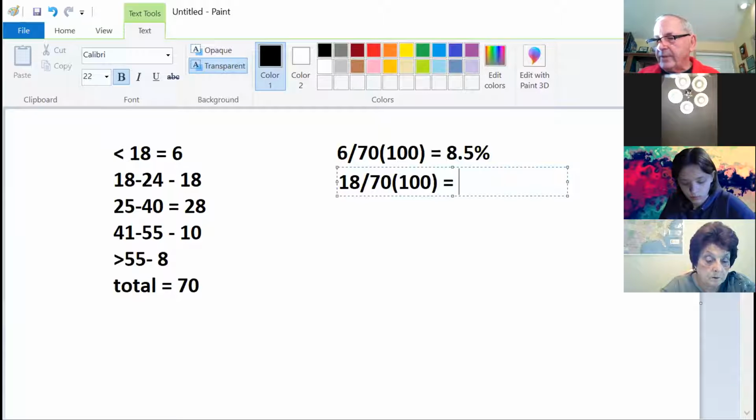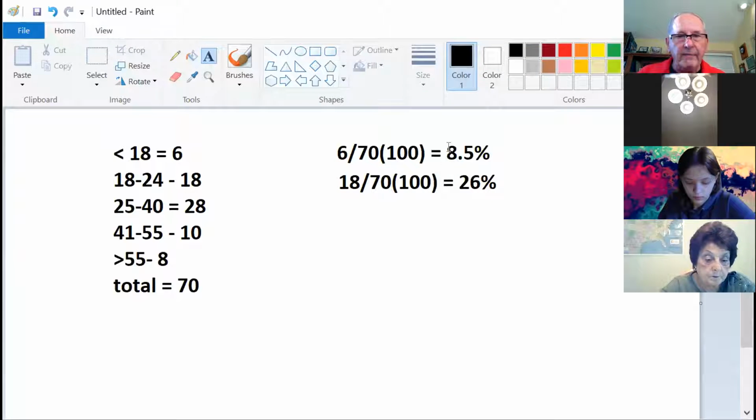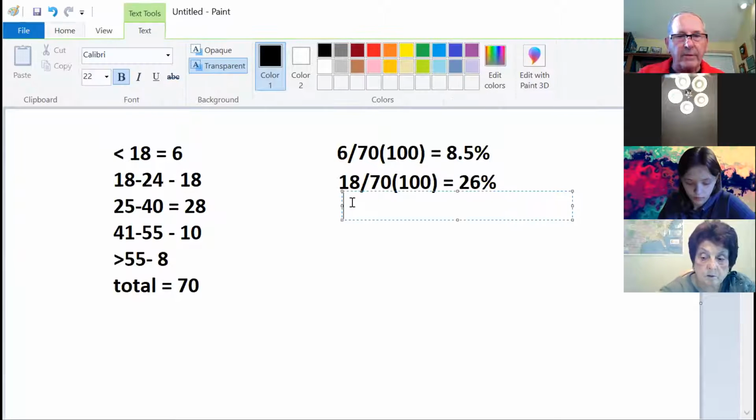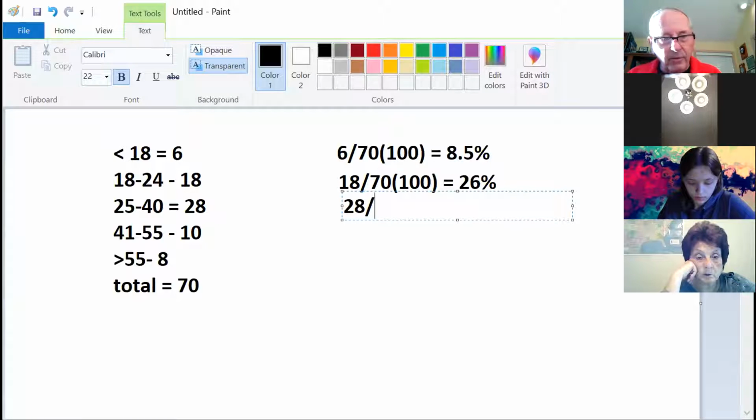I rounded up to 25.7. So we'll just say 26, right? And we have to end up with 100% is where I'm going with this. You may have to adjust that 8.5 up there, just round it to something, but right now, we're not gonna worry about it.